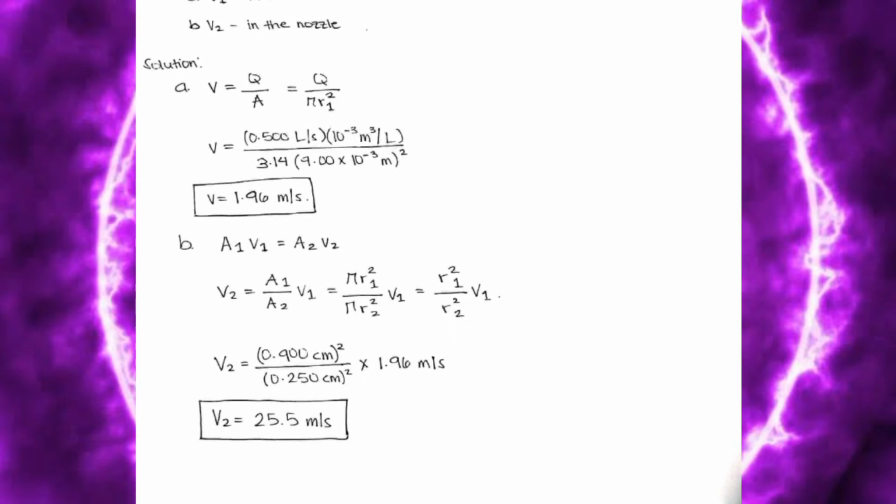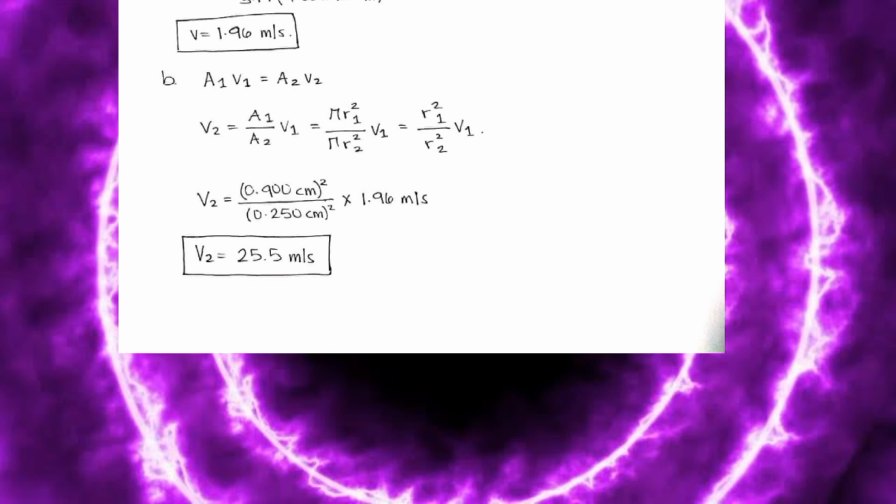So we solve for B, the speed in the nozzle. So we use the equation A1 times v1 is equal to A2 times v2. Rearranging the equation, v2 is equal to A1 divided by A2 times v1, or pi r squared 1 divided by pi r squared 2 times v1, which is r1 squared divided by r2 squared times v1.